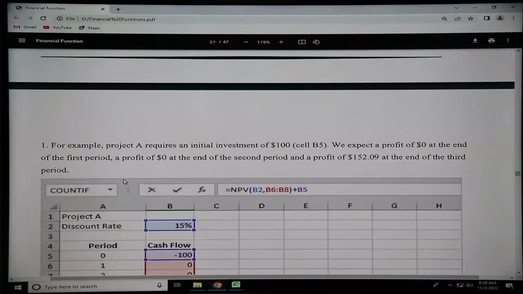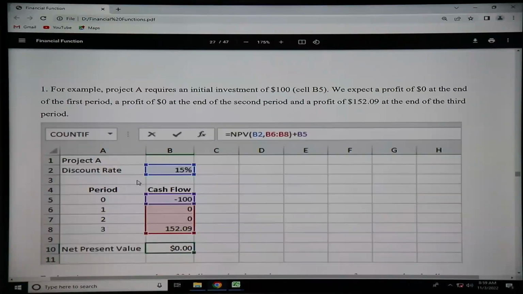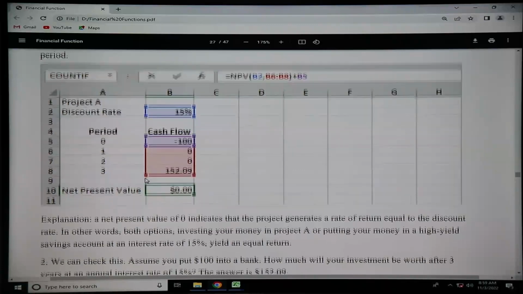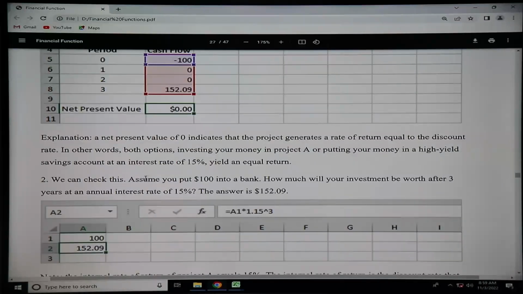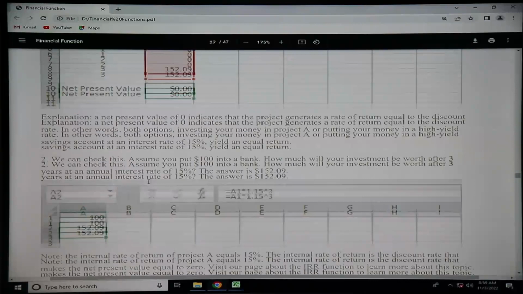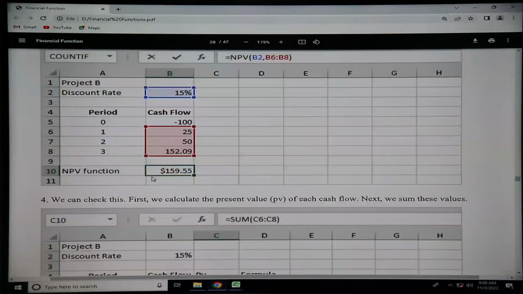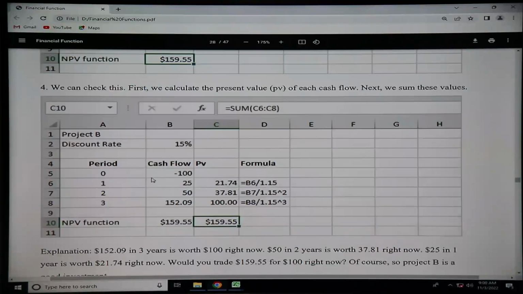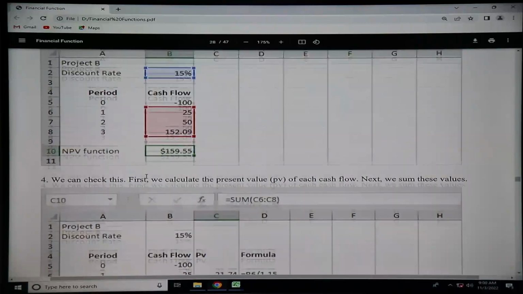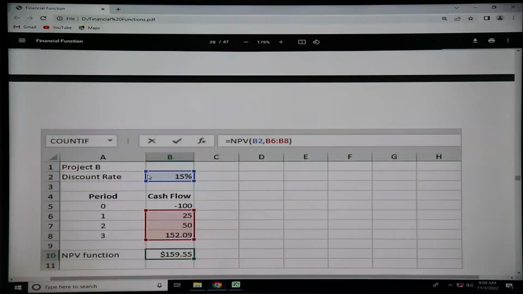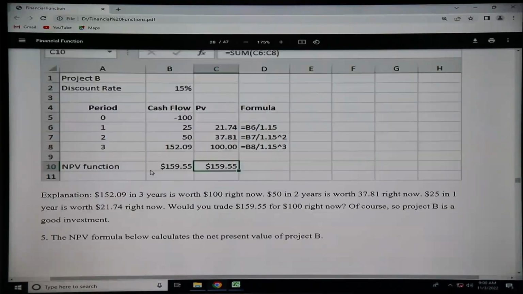So in the two projects, we have seen that, and we have got the two values. We are able to compute and get the net present value for those two projects. So our next discussion, we'll check on the internal rate of return.